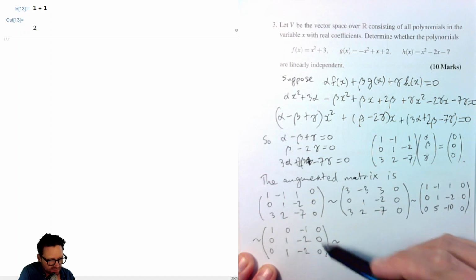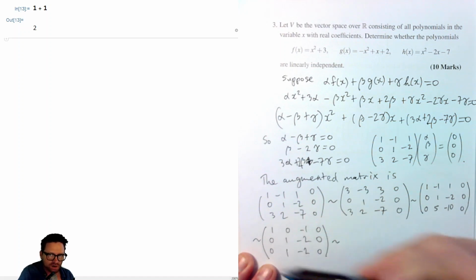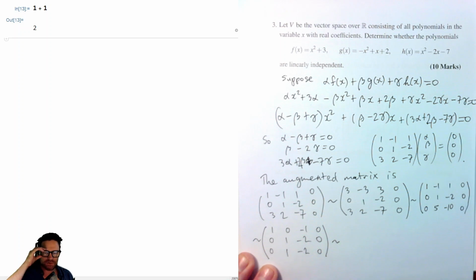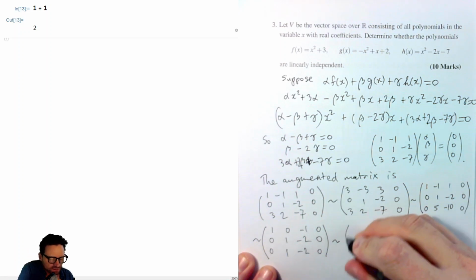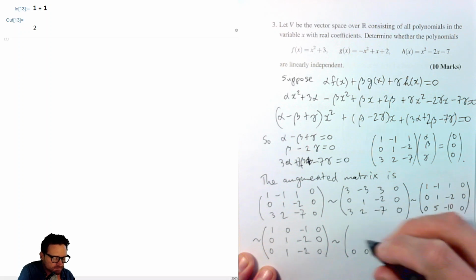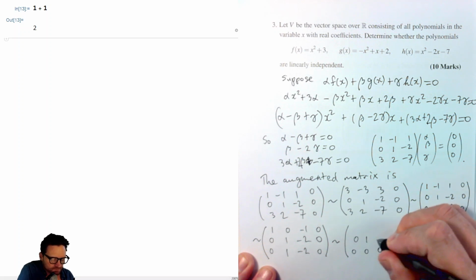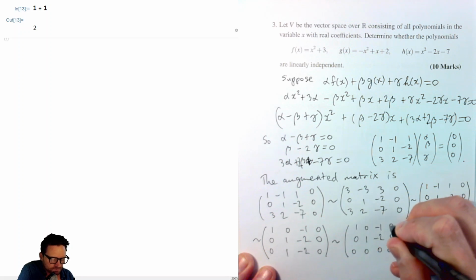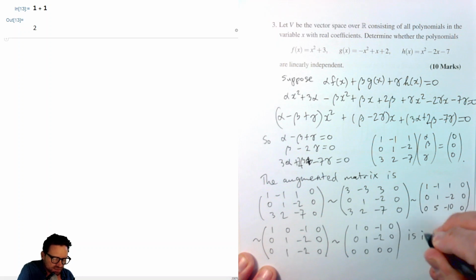Okay, now you can see that row 1 and row 2 are multiples of one another, and so I can replace row 3 with row 3 minus row 2, and we get a row of zeros. And this is in row reduced echelon form.